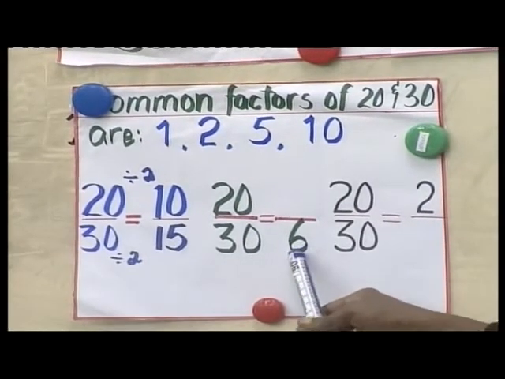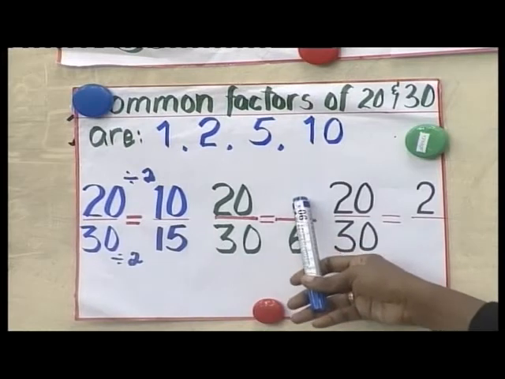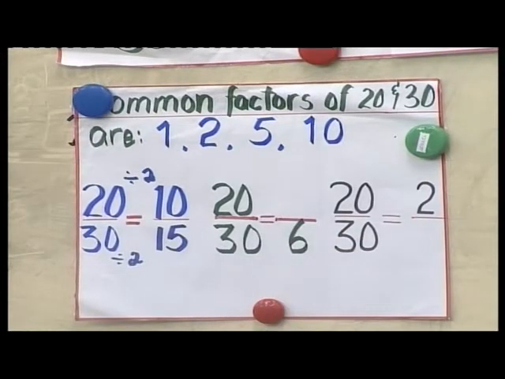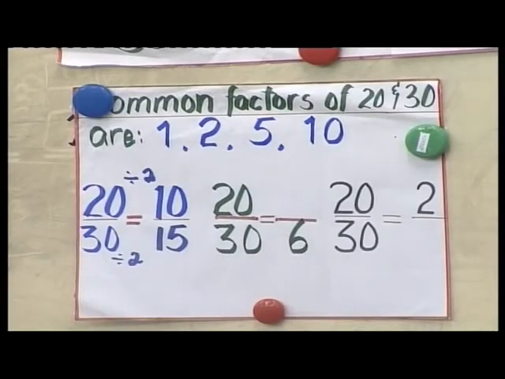This time, 6 is given. The top number from this fraction is not given. We have a clue there. 5. Complete sentence, please.